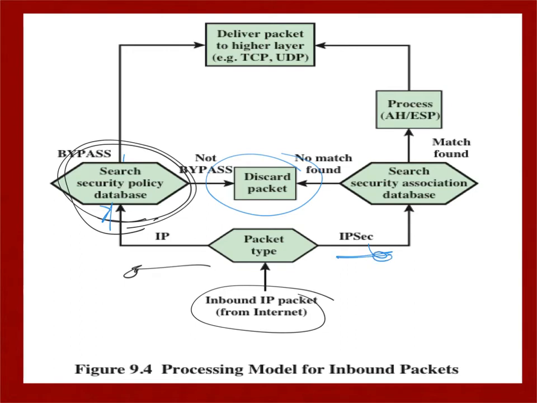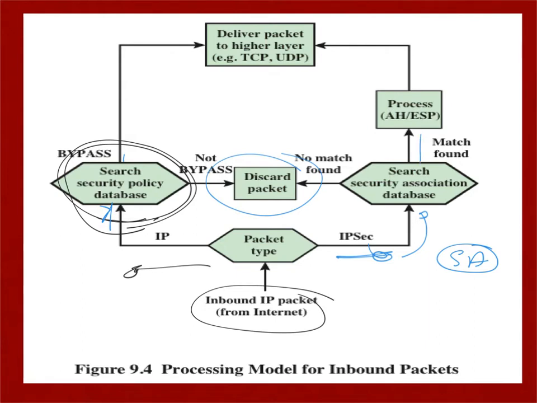But if it's protect, meaning tunnel mode or transport mode, it doesn't matter. Then I need to check the security association database and get that security association to decrypt. The security association at the end of the tunnel will allow me to decrypt and authenticate, which means I have to check the MAC, and everything.